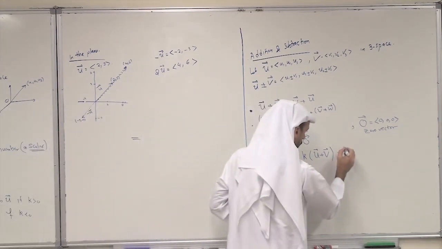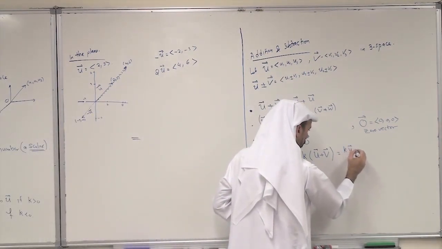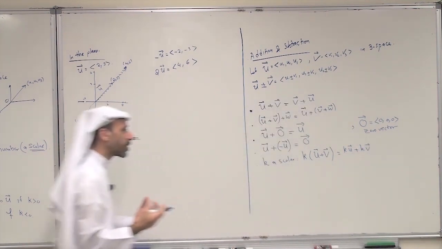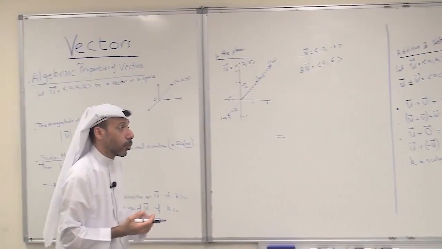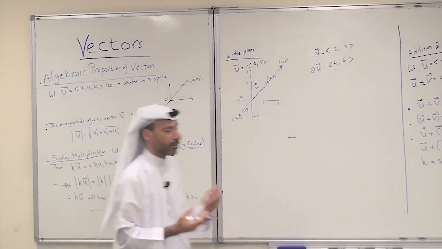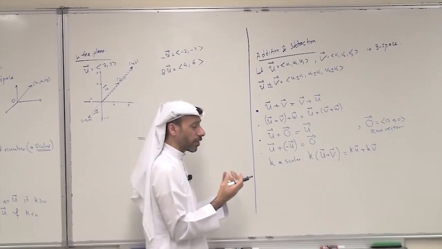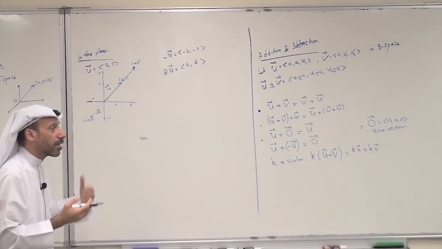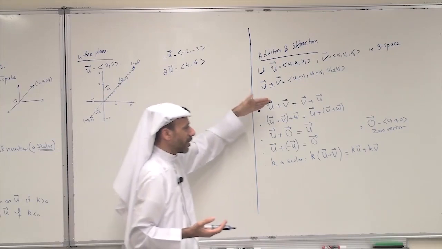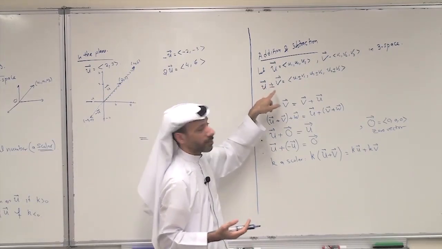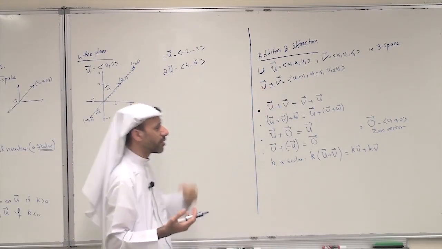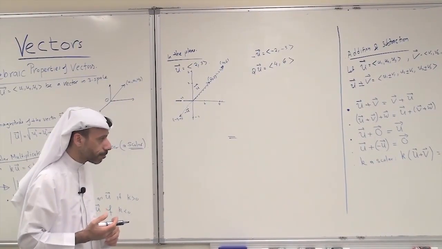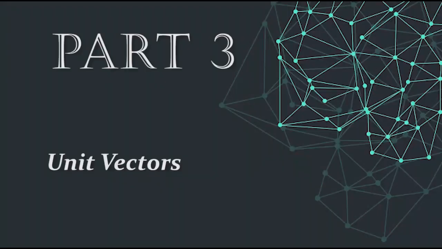So this becomes K U plus K V. So these are some of the operations with vectors, and they are really similar to the properties of real numbers. We can prove them easily using the definitions of addition of two vectors. So it is not difficult to see that these properties are right. That's it.